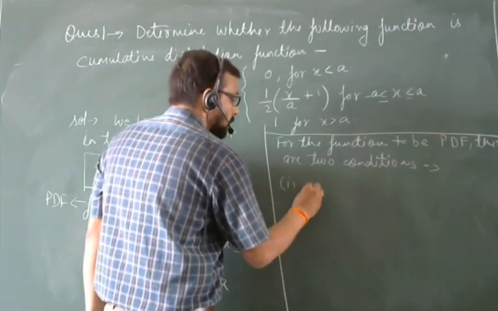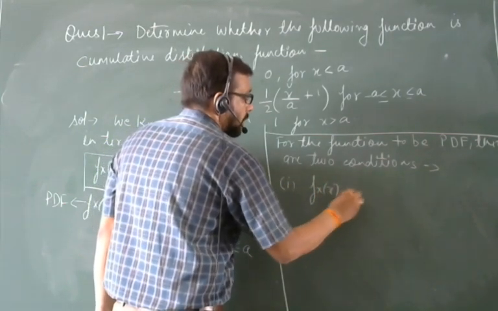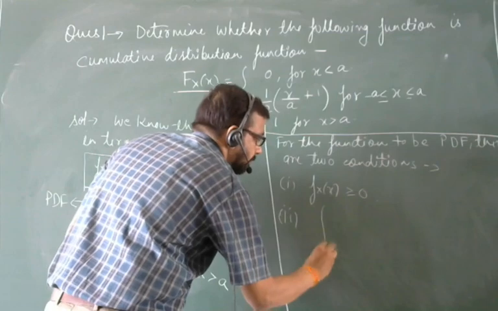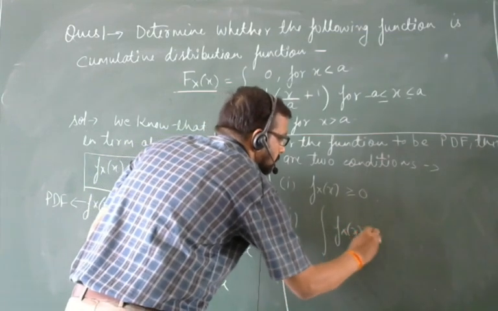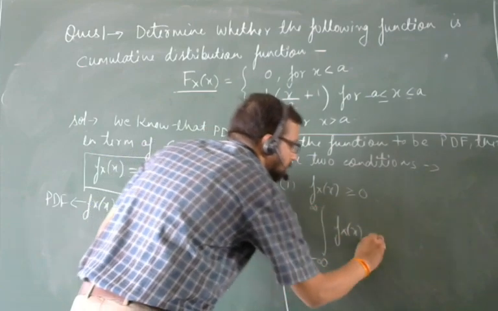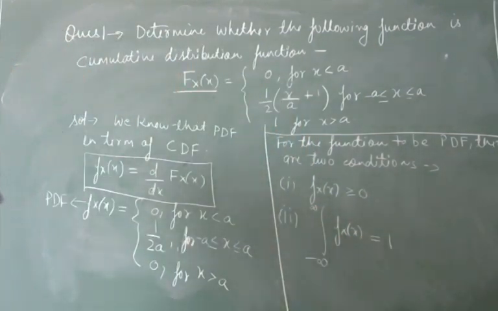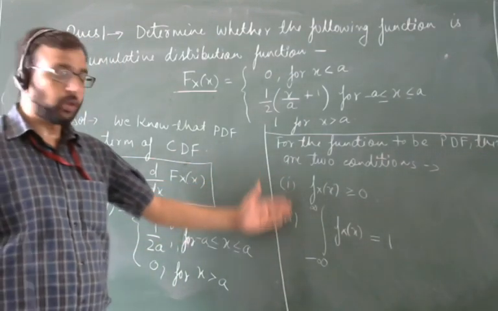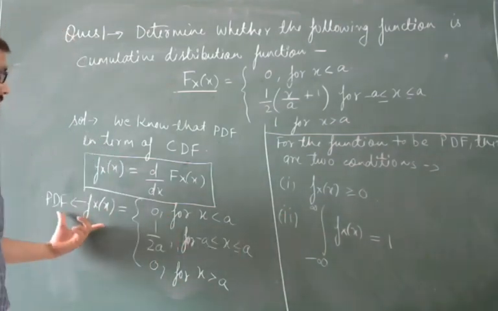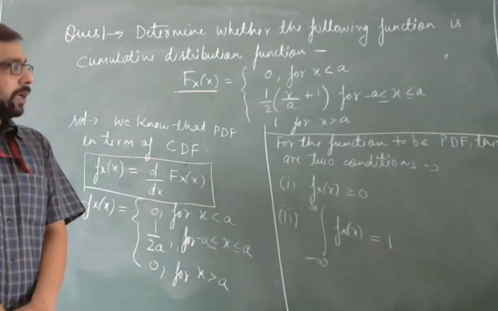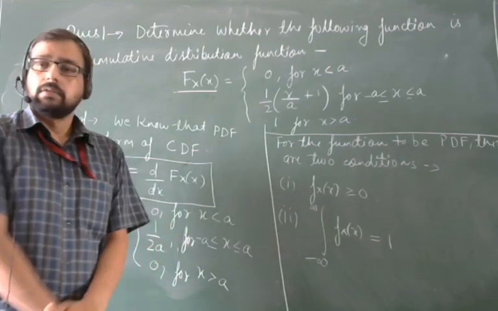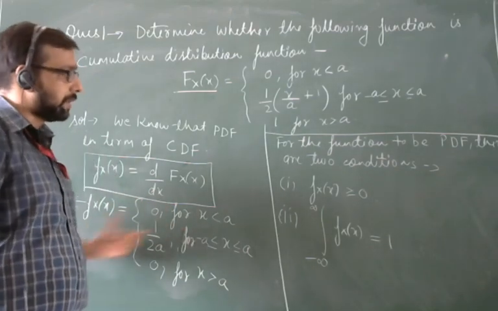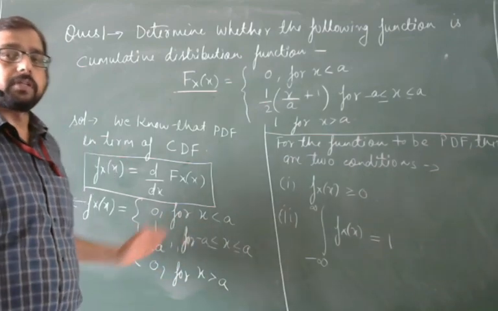First one is that the PDF is always greater than or equal to 0, and second one, if you integrate the PDF from minus infinity to infinity, we get 1. These are the two conditions. If this function satisfies these two conditions, then we can say this function is a PDF.